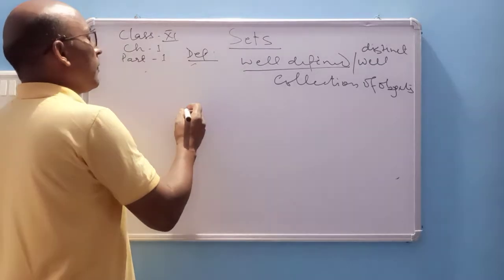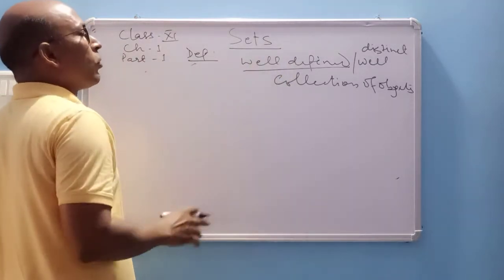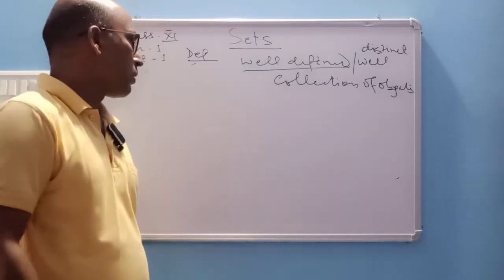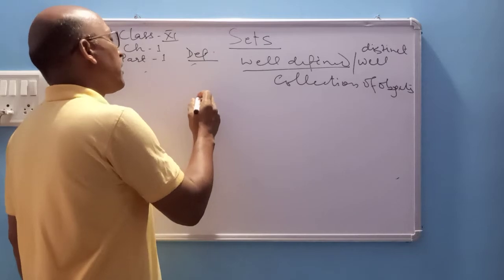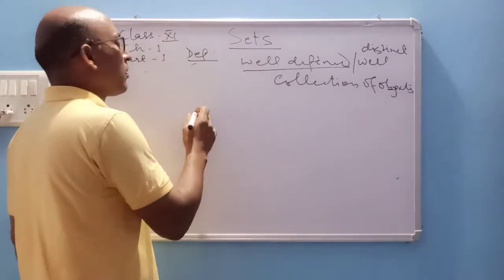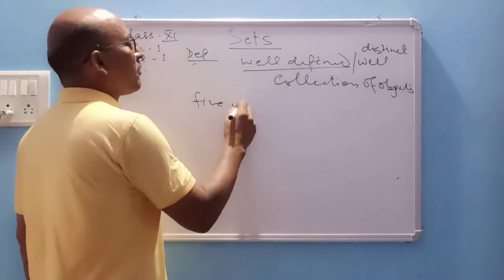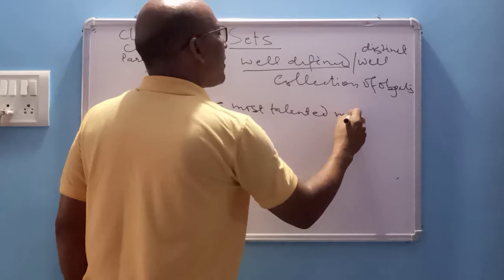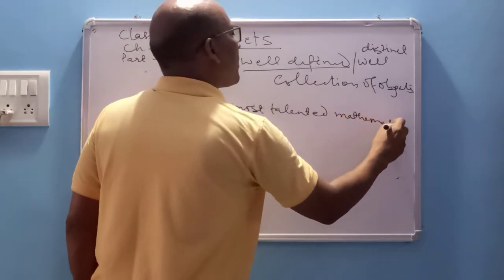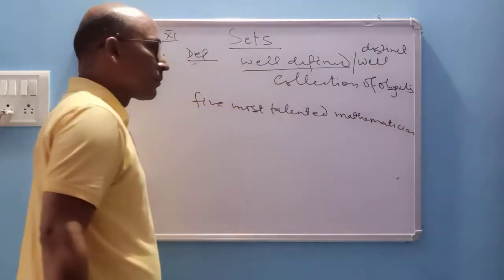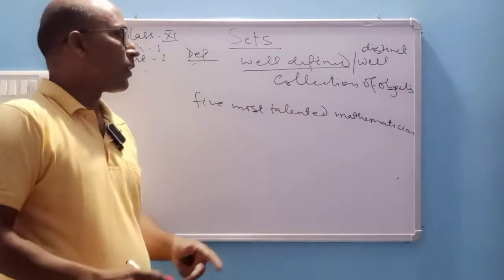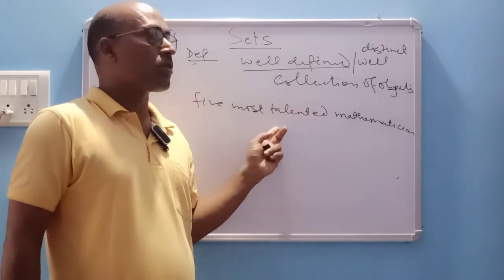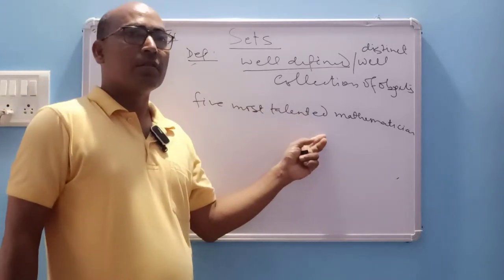So in this sense, if we say the collection of 5 most talented mathematicians of the world, this collection is not a set because it is not well defined.